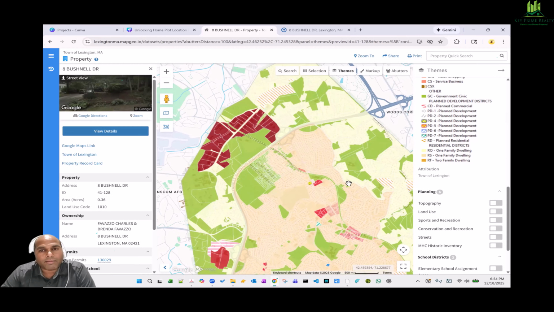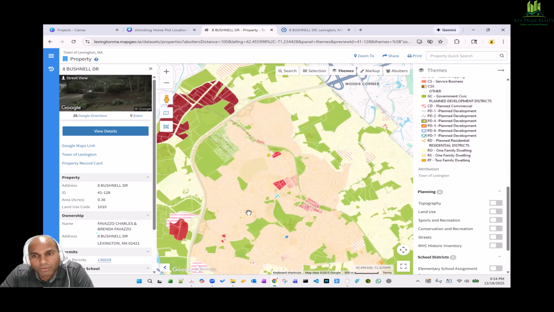But I think the Massachusetts state is arm twisting most towns to designate at least 20% of the existing housing stock to be eligible for multifamily construction. That's MBTA zoning, it's called. I don't know whether that's updated here yet, but every town has multifamily zoning now.